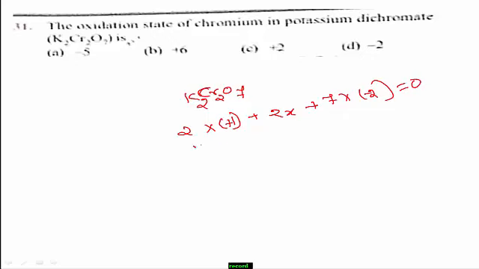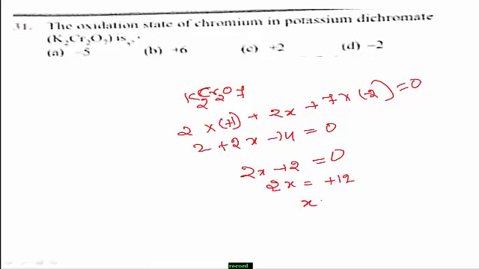Then 2 plus 2x minus 14 equals 0. 2x minus 12 equals 0. 2x equals plus 12, or x equals plus 6. Therefore, option B is the right answer.